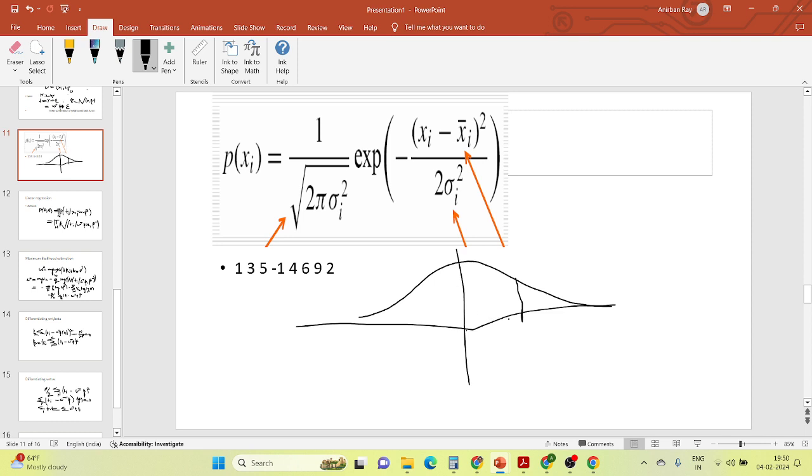Given the x value, what will be the probability density, the probability density function? What will be this value? So this is like this curve, a bell-shaped curve. So the highest probability density is here.